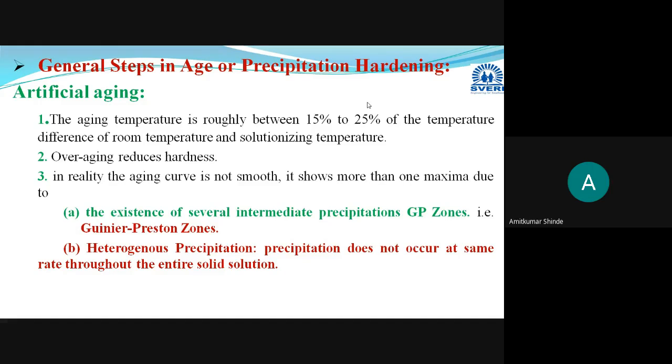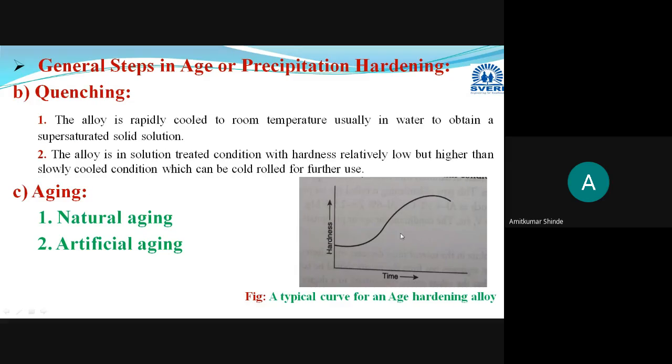Now what you have to take care of is that you have to avoid over aging. Whenever over aging occurs, if you provide more time, then hardness will get decreased. The natural aging curve is one thing, but in artificial aging this curve will be different.